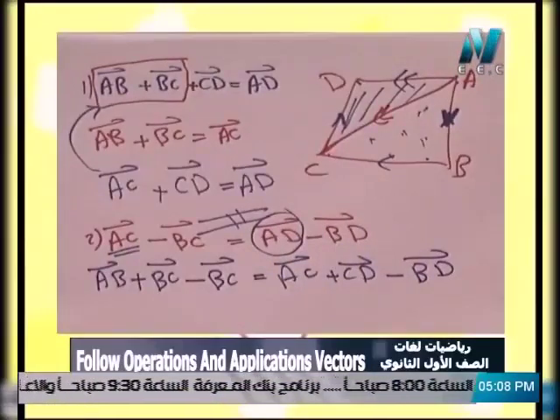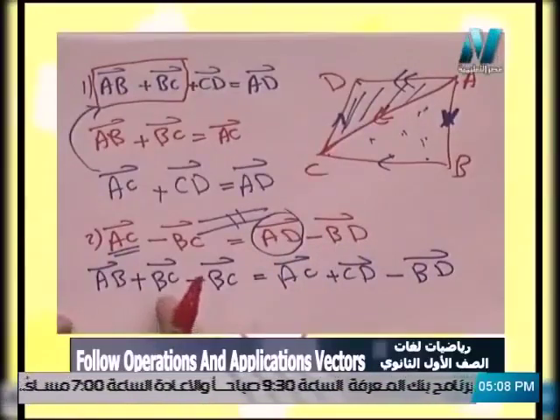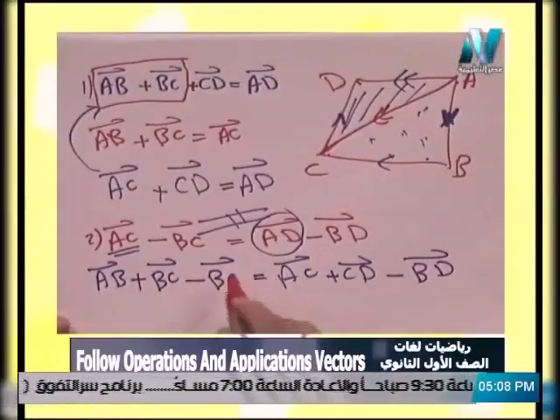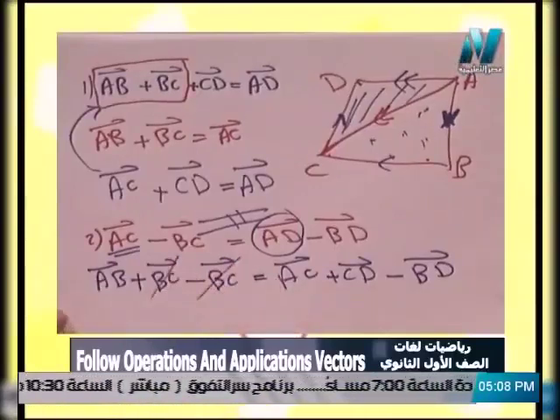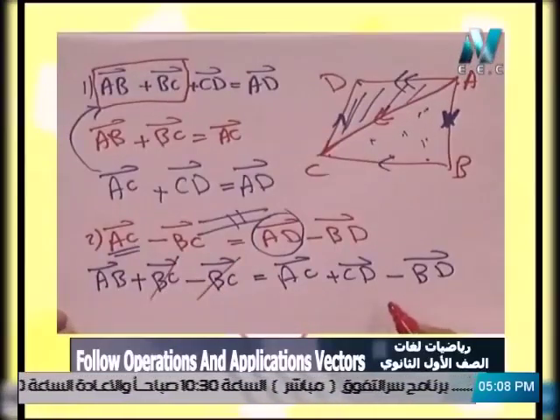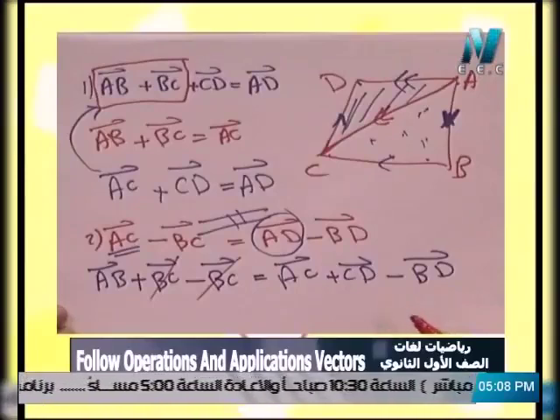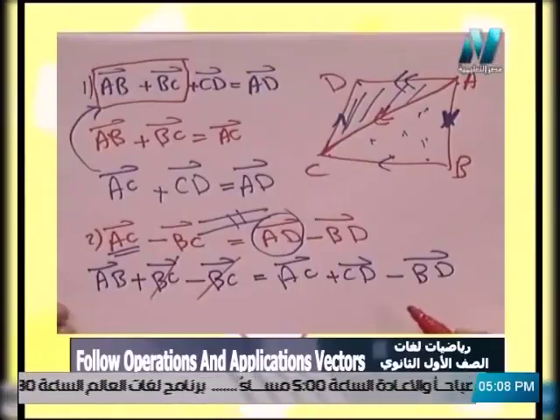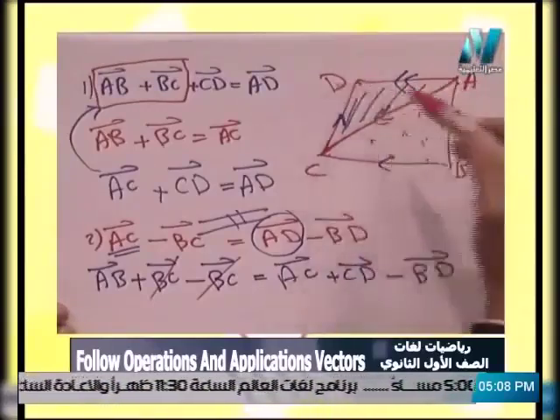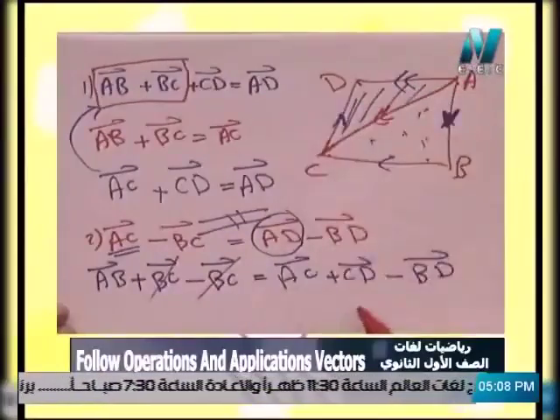What is happening now? We have the vector BC minus the vector BC, which we can cancel, equals the zero vector. And on this side, we have the vector AD equals AC plus CD.